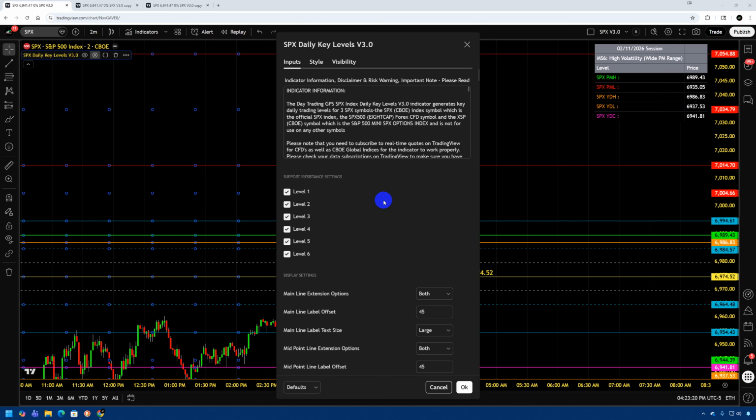So we had to make a decision as to what things could be deleted, and one of those was all of the coding of different display aspects that had to do with levels 7 through 10 above and levels 7 through 10 below, including the midpoint levels, including the quarter levels, etc., and also some of the other associated coding that's integrated with other aspects of the indicator as well.